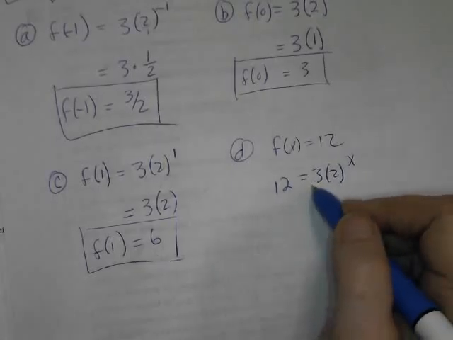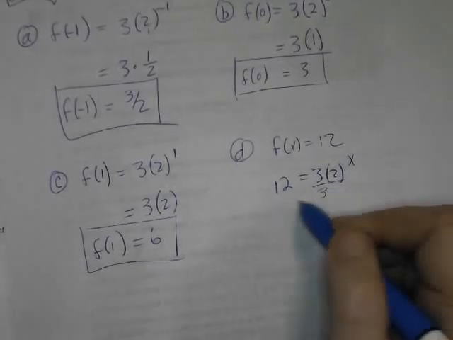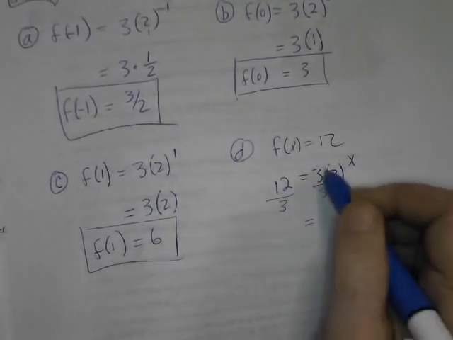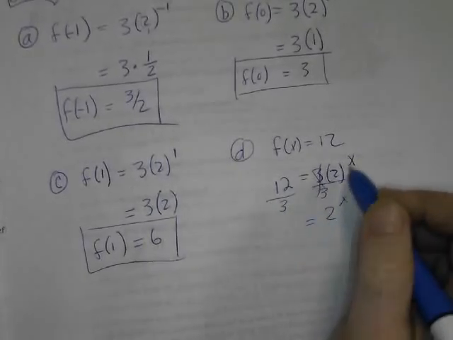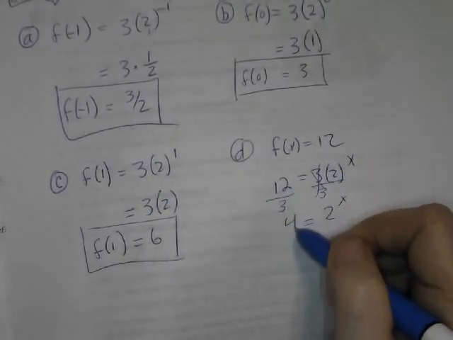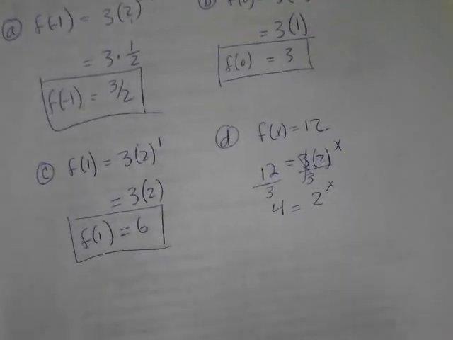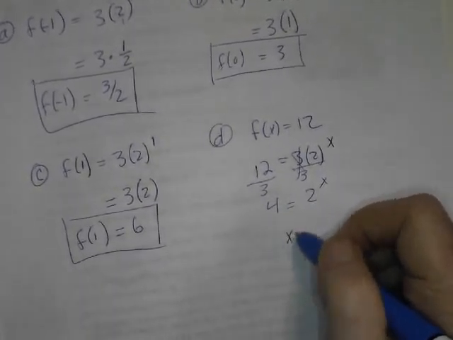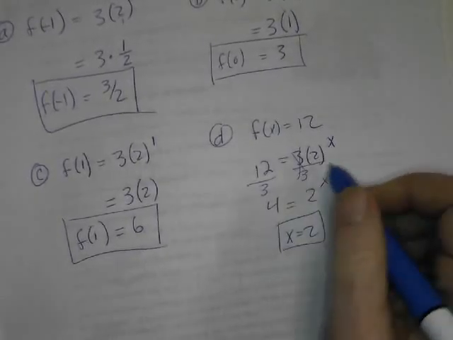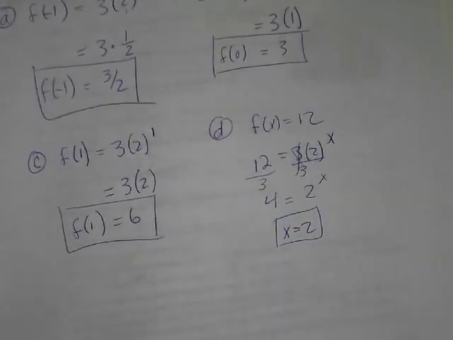I'll probably just use my algebra skills. Divide by 3. 2 to the what power equals 4? 2 to the 2nd power, right? So x equals 2, because 2 squared, you can kind of just look at that one.